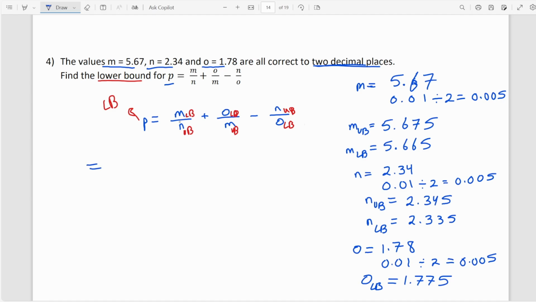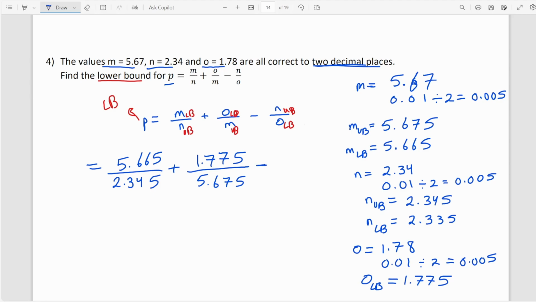Now let's go ahead and substitute our variables. So m lower bound is 5.665 over n upper bound, which is 2.345, plus o lower bound, which is 1.775, over m upper bound, 5.675.